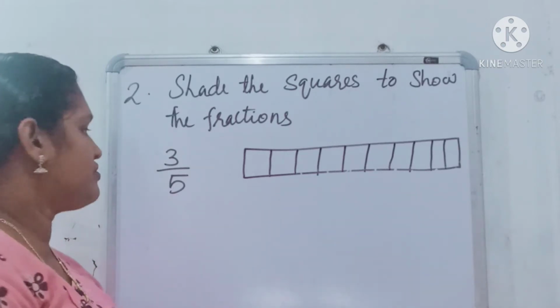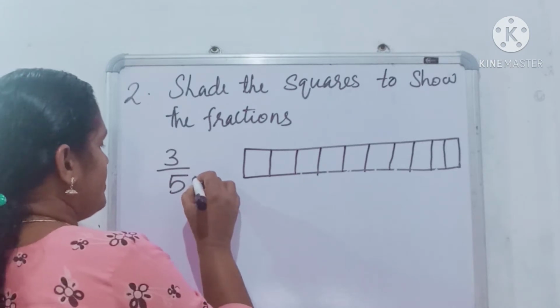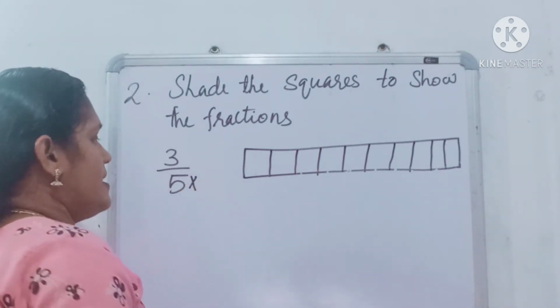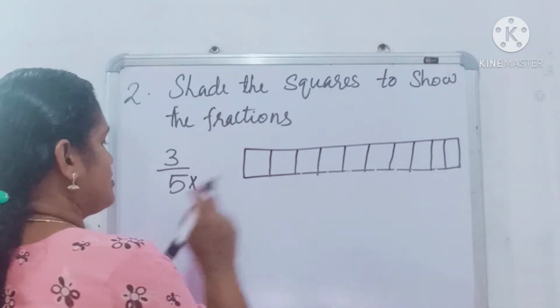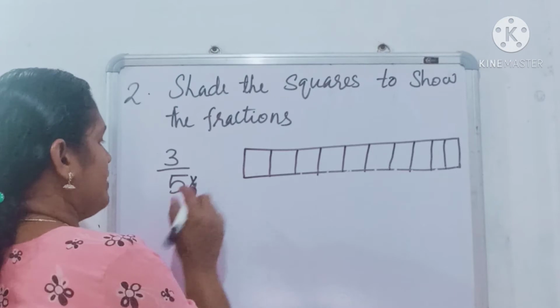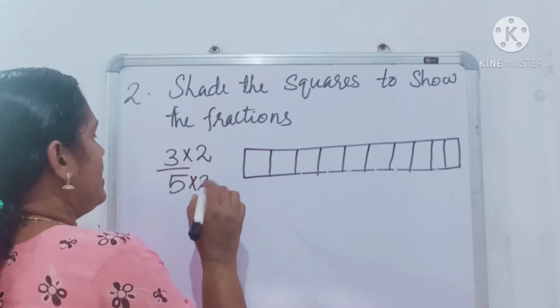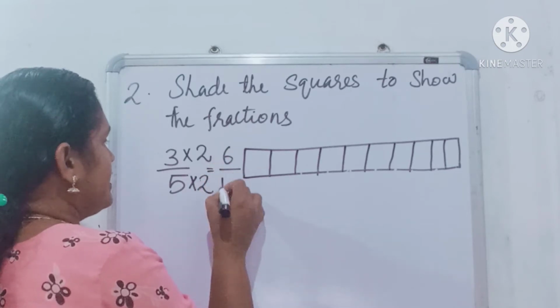What should we do here? We should convert this fraction into an equivalent fraction. Total 10 squares. So we have to convert this 5 into 10. Here also by 2. So 6 squares out of 10.